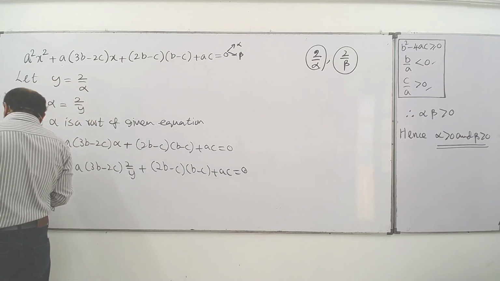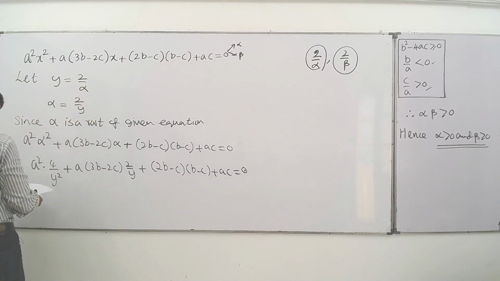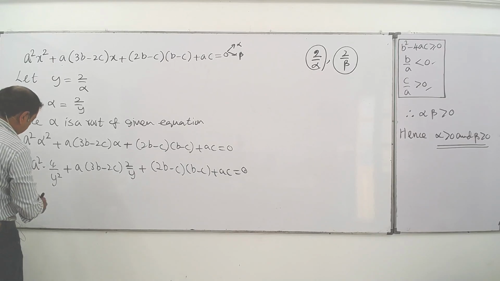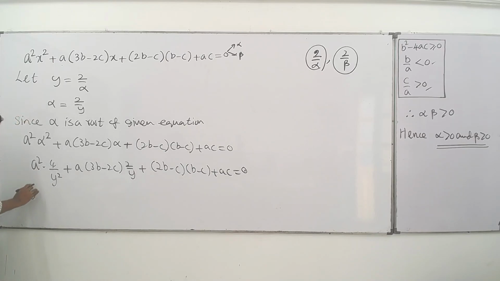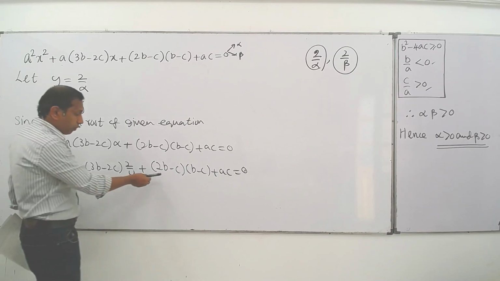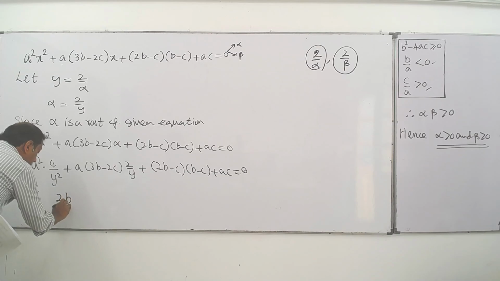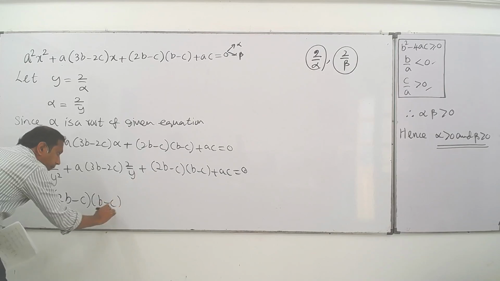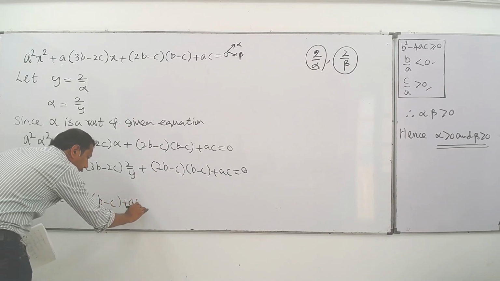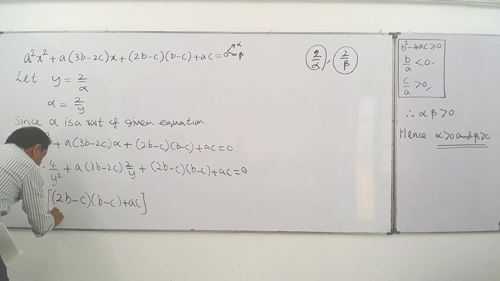Now we need to take the quadratic equation in y. So then we multiply by y squared. Then we get (2b minus c)(b minus c) plus ac, into y squared.